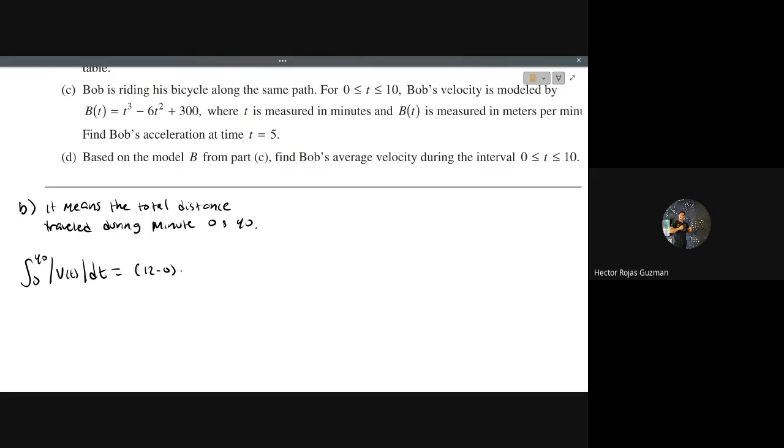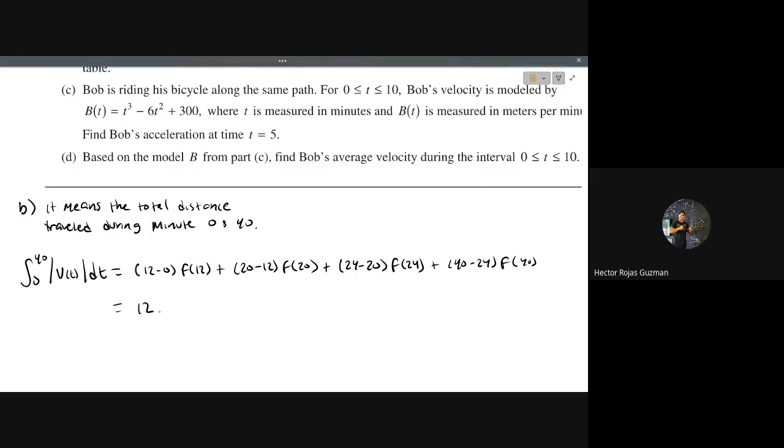And then we're going to be using f of 12 because that's the right one. Then you have 20 minus 12 times f of 20 because that's the right one. 24 minus 20 times f of 24 plus 40 minus 24 times f of 40.